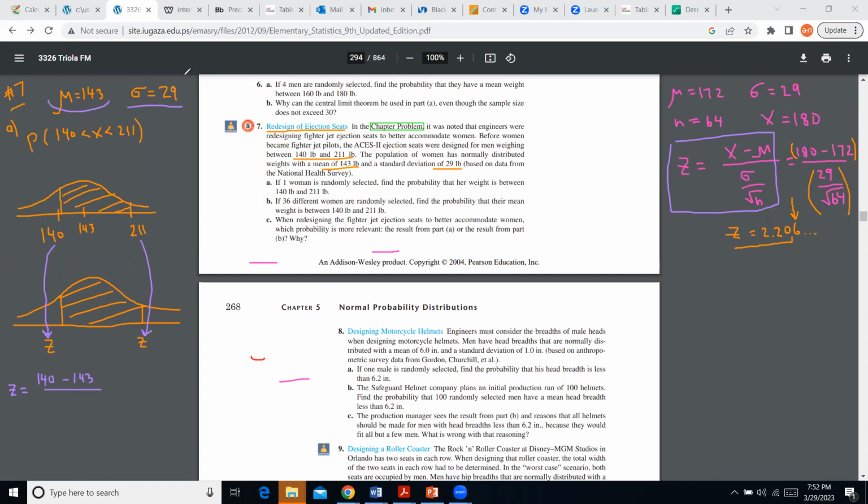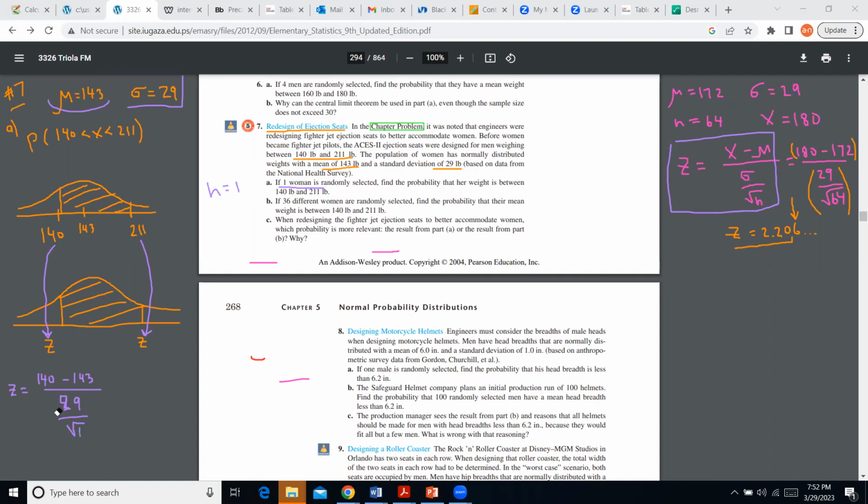Sigma was 29, and we divide by 29 over the square root of n, because n, they say, in this exercise is equal to 1, because one woman was selected.